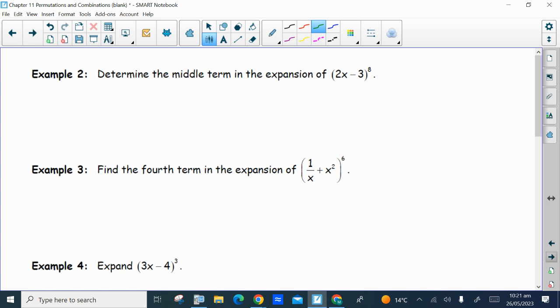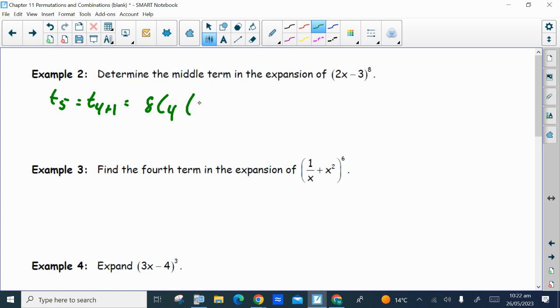So we want to find the 5th term, which means that k has to equal 4, because the general term formula says t sub k plus 1. The value of k is always 1 less than the term number. And that'll be found by going 8C4, right? nCk, n is 8 because that's the power on the binomial.